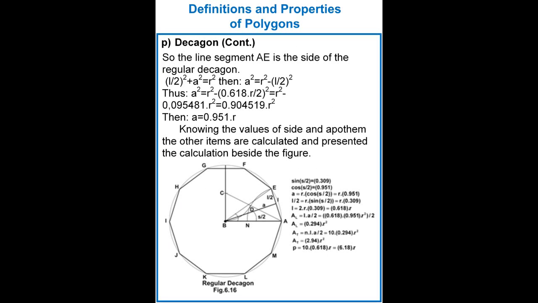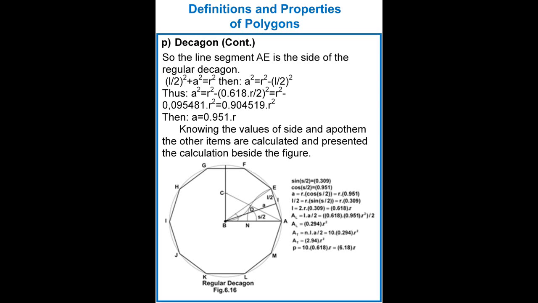This slide continues to display the properties of the regular decagon. The figure 6.16 is displayed again. Thus, the straight line segment AE is the side of the regular decagon. Drawing the perpendicular bisector of the straight line segment AE, that is the side of the polygon, you have the segment of straight line that is the apothem, or bottom.